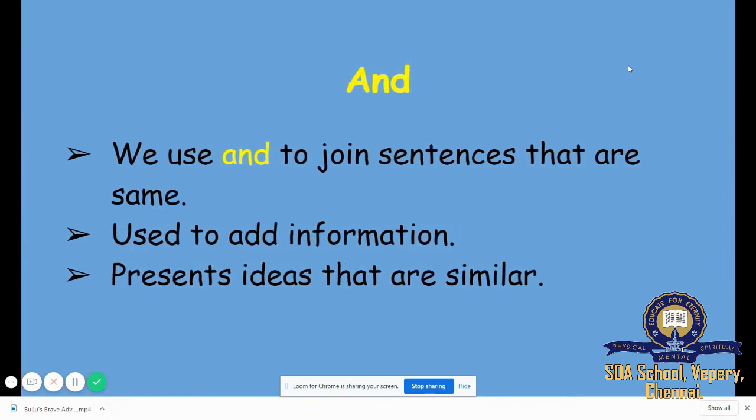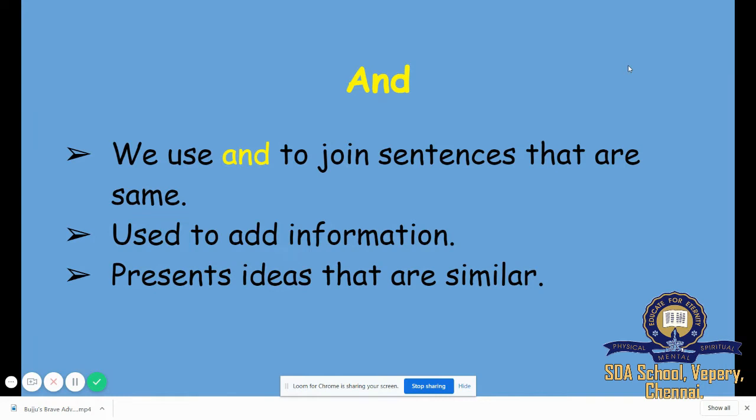So, first we will see how to use and in a sentence. We use and to join sentences that are the same. It is used to add extra information. It presents ideas that are similar. I repeat, we use and to join sentences that are the same.